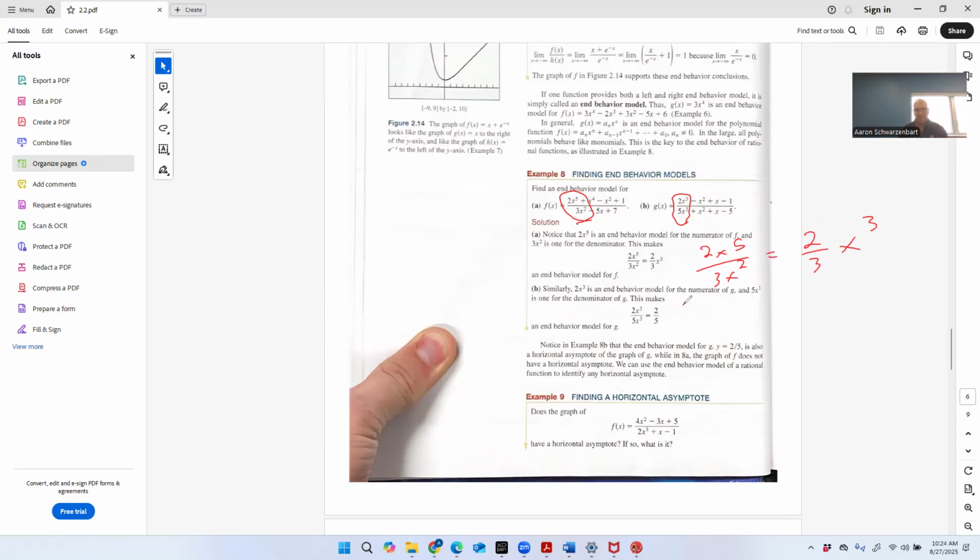This one, 2x cubed over 5x cubed. Well, my x cubes here are going to entirely cancel, and I just get 2/5. So that one's end behavior model is a horizontal asymptote. The first one's end behavior model is a cubic. So all that division, if I zoom out far enough, it's just going to look like y equals 2/3 x cubed.